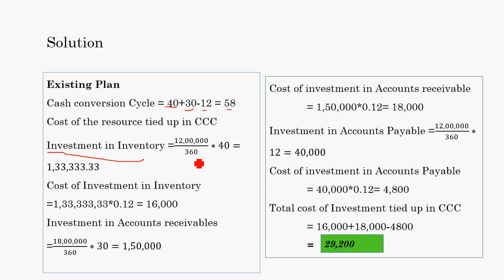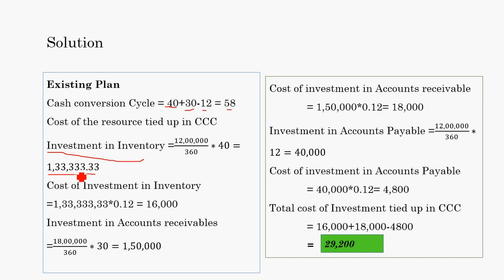Now the average number of days the purchase spends in inventory is 40. So 12 lakhs divided by 360 into 40 will give you the value of purchase which is being held up in inventory for those 40 days. So 1,33,333 is the inventory value which is being held up for these 40 days.